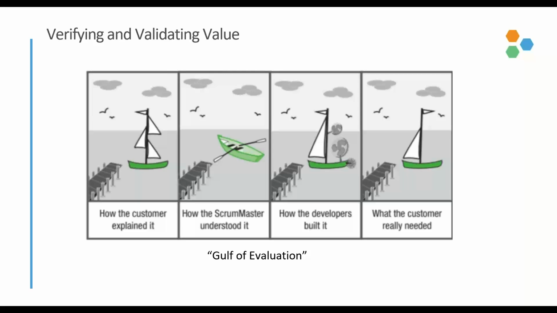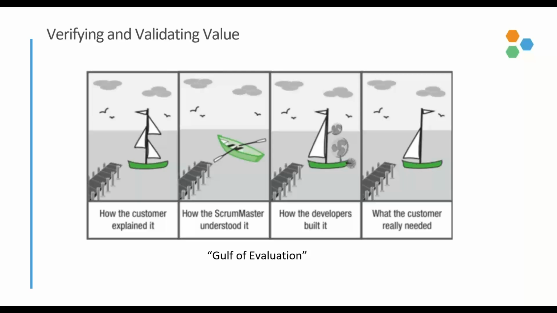And then we move to how the developers built it with all these little extra things in there, and then what the customer really needed. So, just to summarize, confirming value, meaning verifying that the team is building the right thing and that it works as desired, is a key practice when using Agile methodologies.